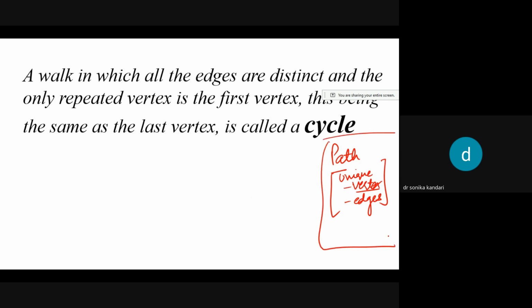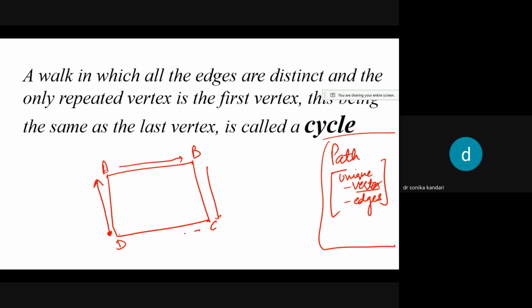And what is a cycle? Suppose this is A, B, C, D. Without repetition, suppose you have started from D, you come to A, B, C, and again to D. Then this is a cycle.